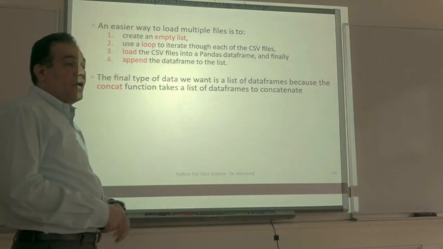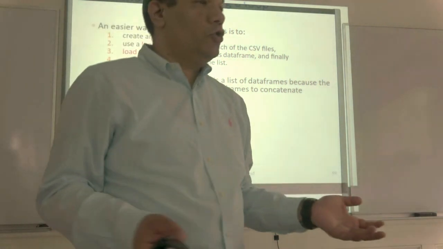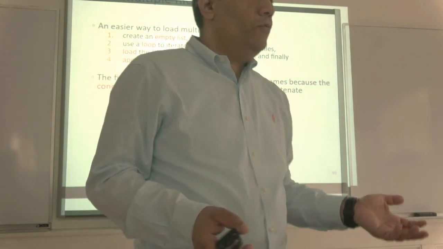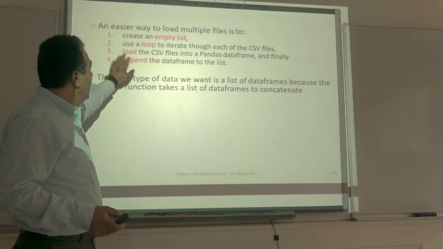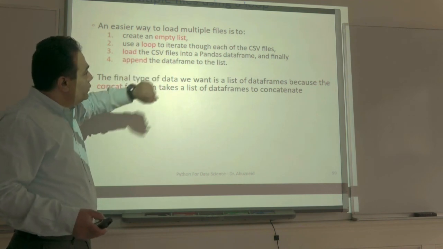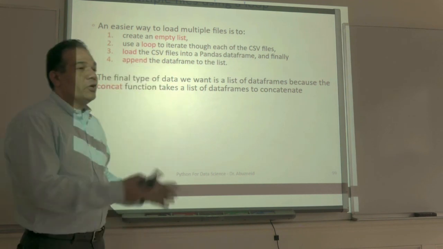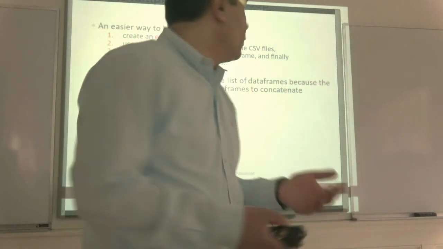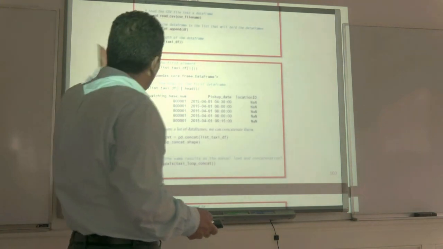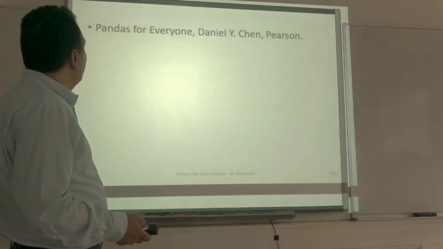Let's say you have 100 CSV files and you want to merge them. First, put them in a list, then loop through them, load the CSV files into pandas data frames, and then append them together. When you have so many data frames, that's the procedure. I give you the code for how to do it in here. You could take a look at it.